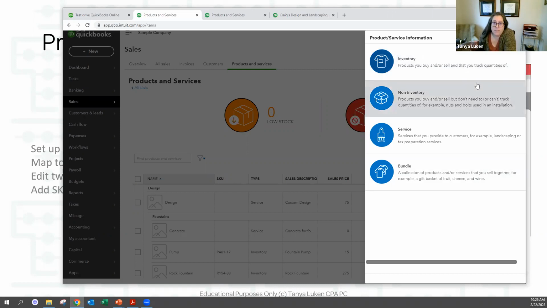Your other option for stuff that you sell is non-inventory. So you can have stuff that you sell that's non-inventory. The difference is when you buy your inventory, it's going to say, I bought 10,000 widgets to sell, and they're going to sit as an asset on your balance sheet. And then as you sell them, you're going to deplete the 10,000 that you have on hand. Okay.